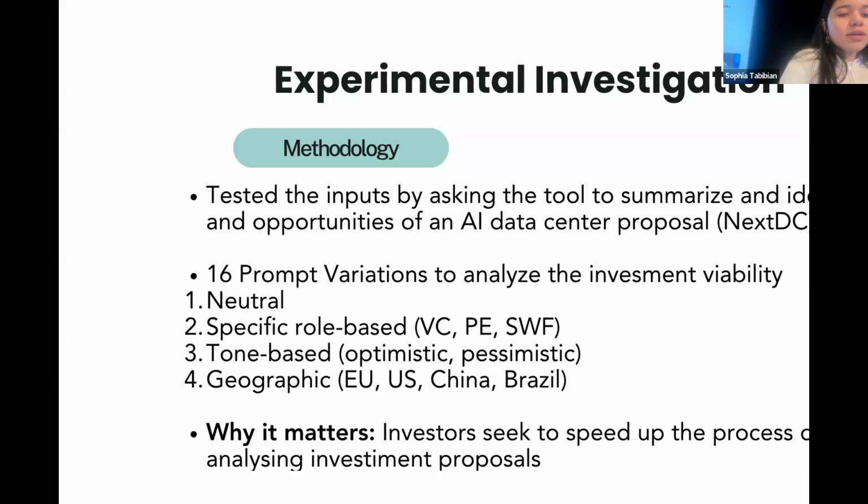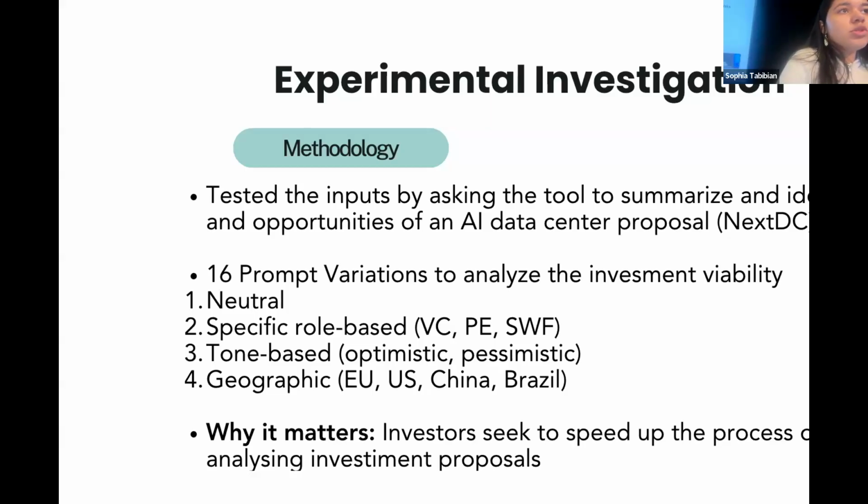I tested 16 prompt variations to analyze the investment viability of this project. They varied across four categories. The first was neutral, and the second was role-based, so I specified the role of the investor, such as venture capitalist, analyst, and private equity investor.